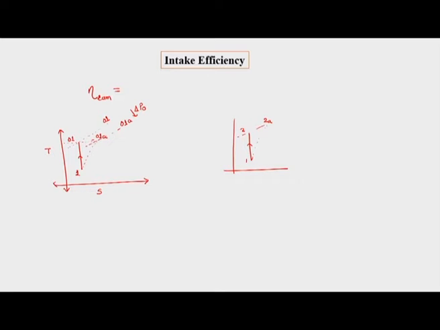So, this is the loss in the intake. If the process would have been isentropic, then we would have reached this total pressure. Since the process is not isentropic, we have reached this total pressure, and hence there is a loss in total pressure, which is delta P naught in the intake. And the intake or diffuser should be designed such that we have minimum loss in the intake. So, this is the major idea.